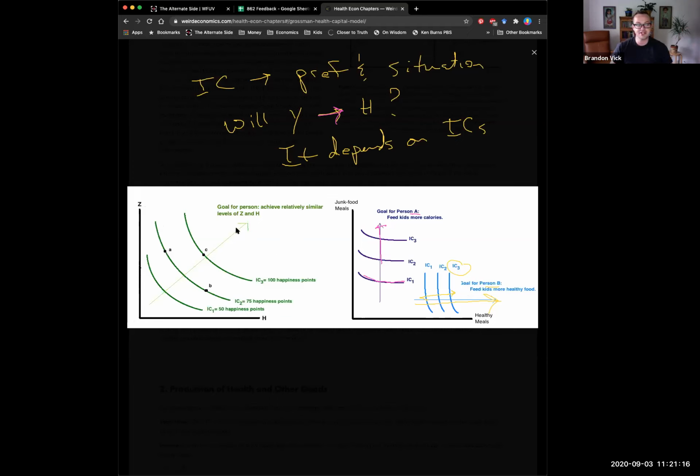This person's set of indifference curves illustrates that. So that shock of income could go either way.